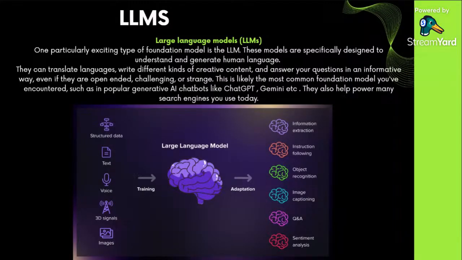So, what do you guys use AI the most for? Maybe classify among these six also: information extraction, instruction following, object recognition, image captioning, Q&A, sentiment analysis.